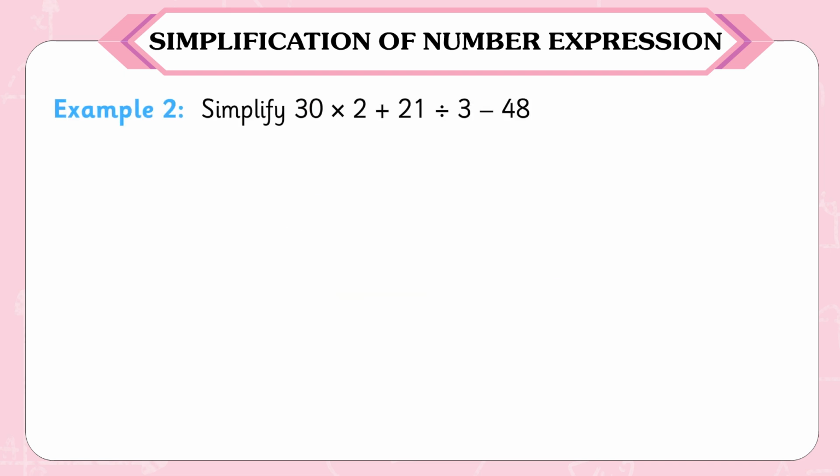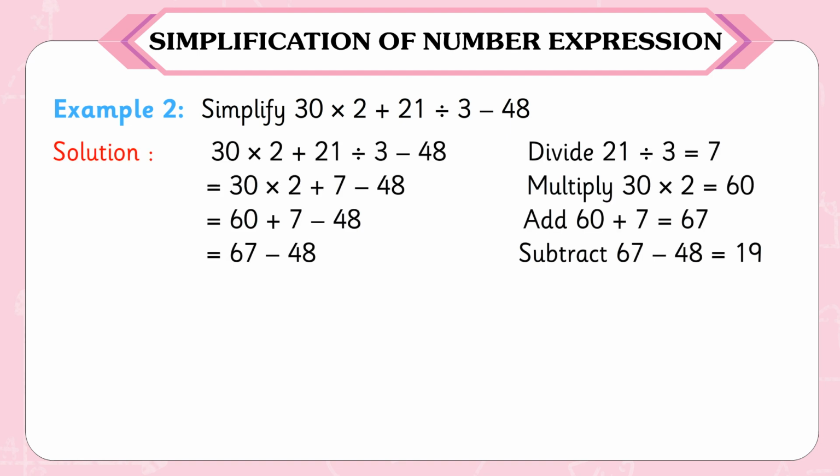Example 2. Simplify 30 into 2 plus 21 divided by 3 minus 48. Solution. 30 into 2 plus 21 divided by 3 minus 48. Divide: 21 divided by 3 is equal to 7. Is equal to 30 into 2 plus 7 minus 48. Multiply: 30 into 2 is equal to 60.